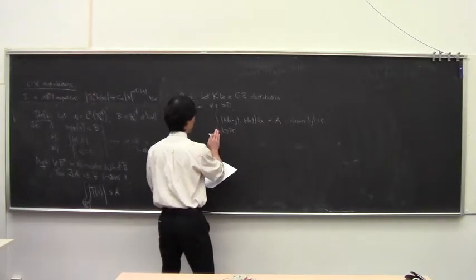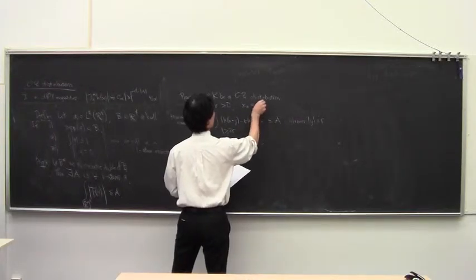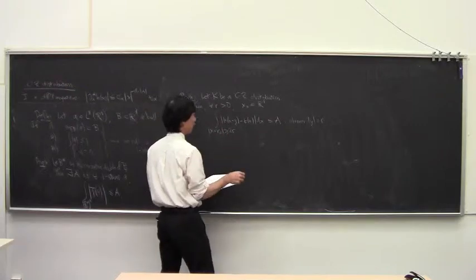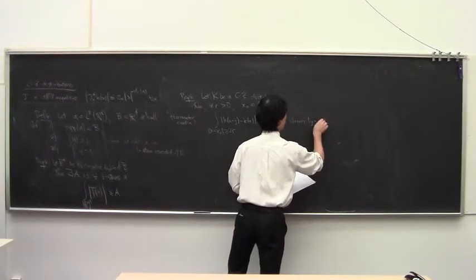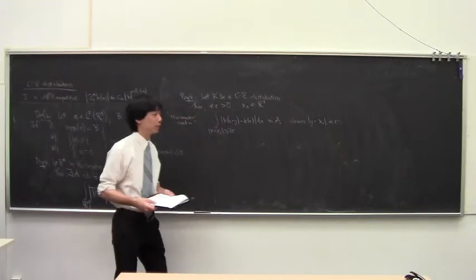Let me write it like this. There's going to be an x naught in R^d, and you want x minus x naught and y minus x naught. Just a small change.